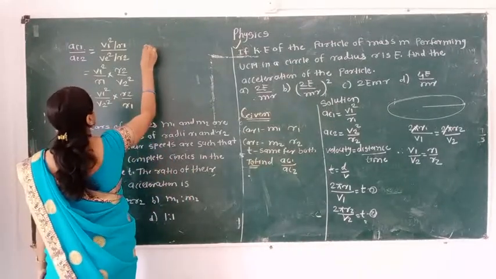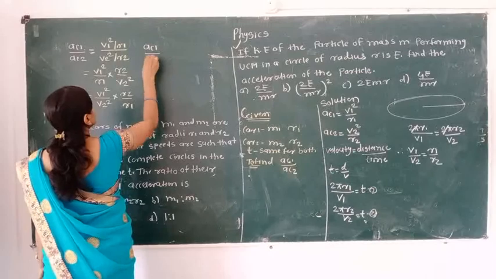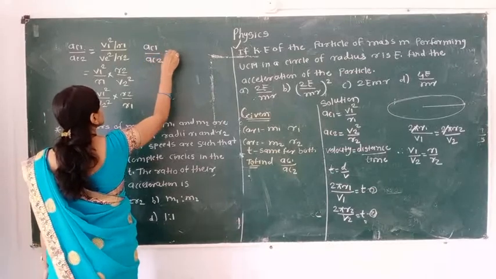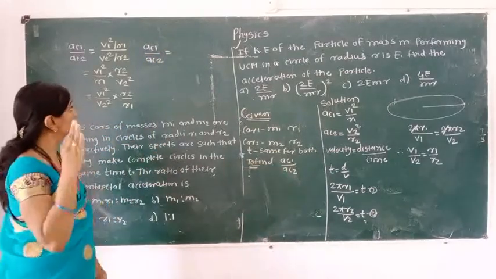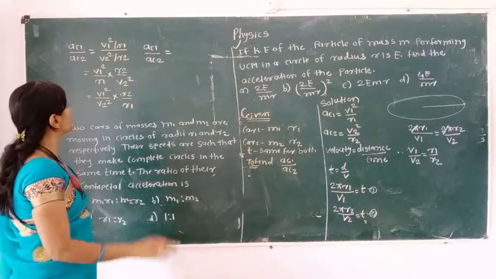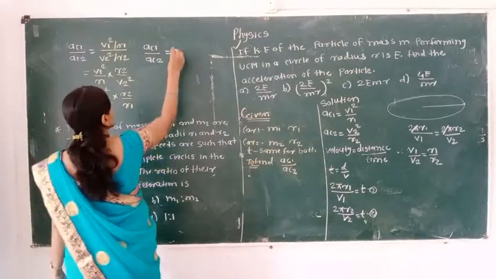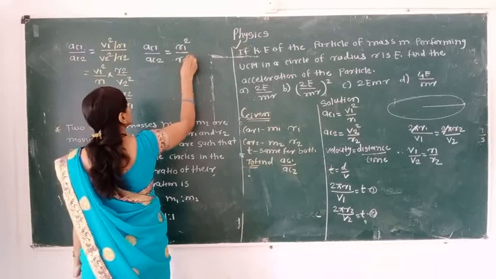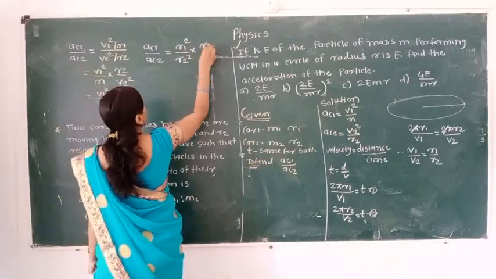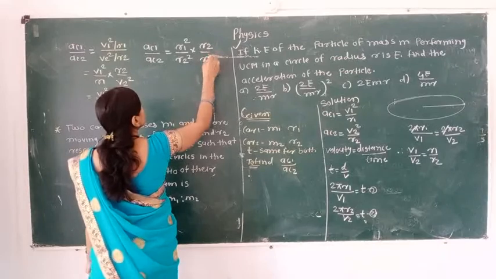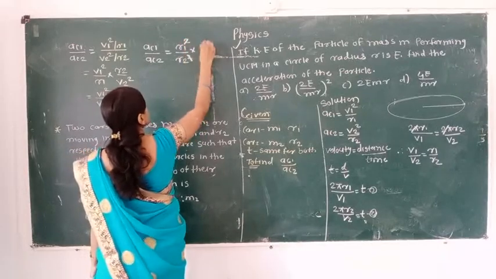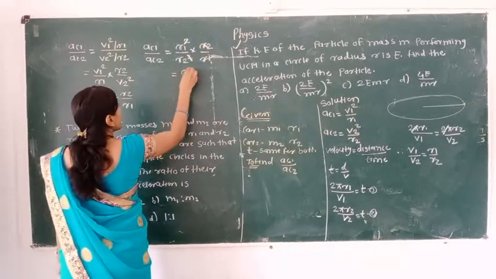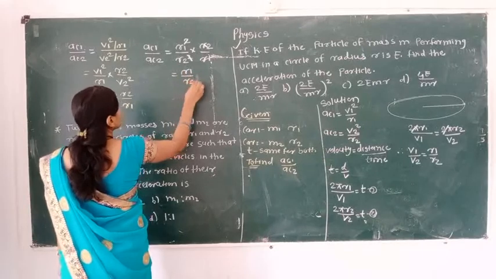AC1 divided by AC2, the ratio of the centripetal acceleration of the first car to the centripetal acceleration of the second car, is R1 square divided by R2 square into R2 divided by R1. So we cancel that term, and lastly we get R1 divided by R2.